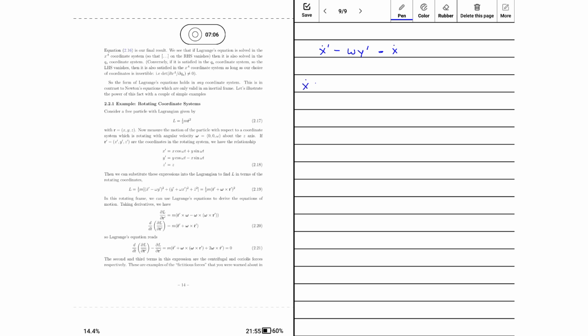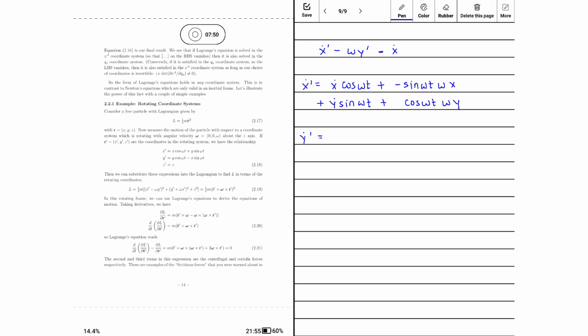So now x dash dot is basically x dot cos omega t plus minus sine omega t omega x, and the same thing, omega y.